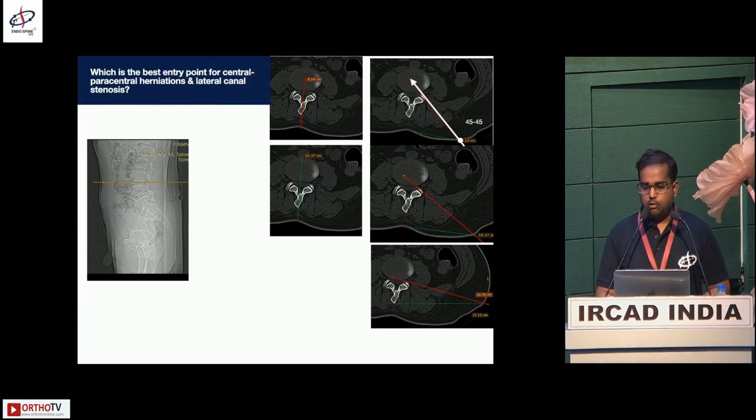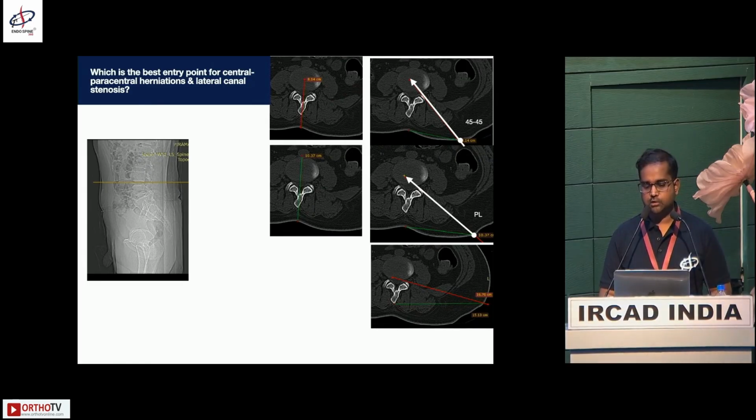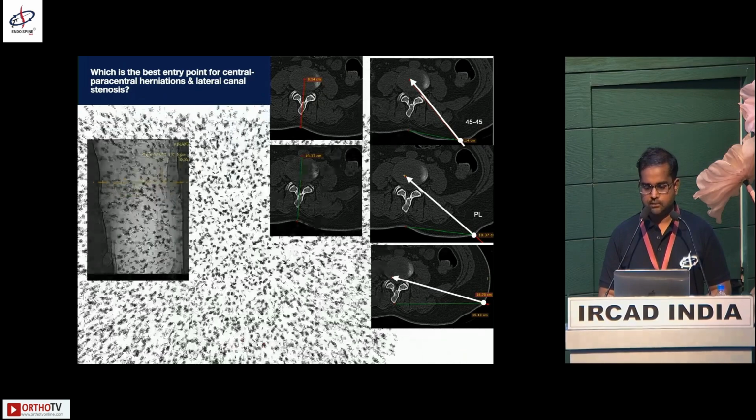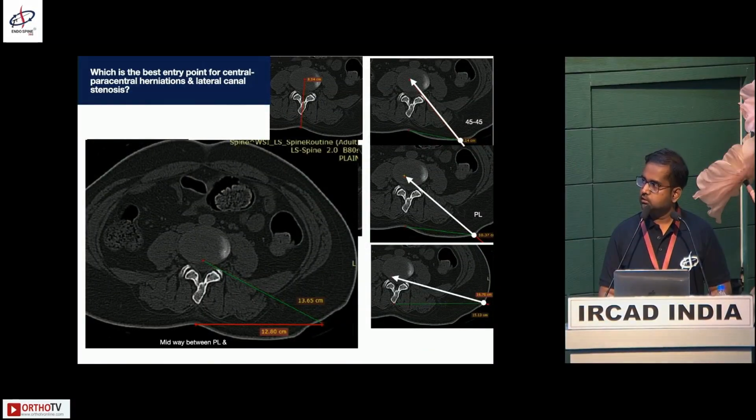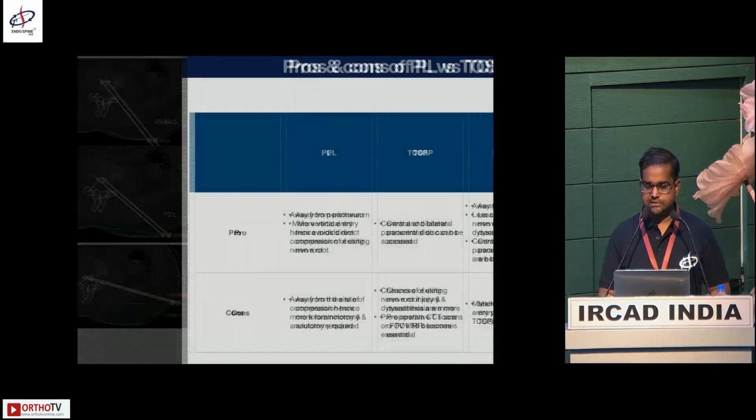Now also for different pathologies like the central herniations, paracentral herniations, foraminal herniations or the lateral recess stenosis, we can't have one entry point, because PL and TOSP, which are the safest corridor entry points, have some pros and cons that we will discuss in the next slide.